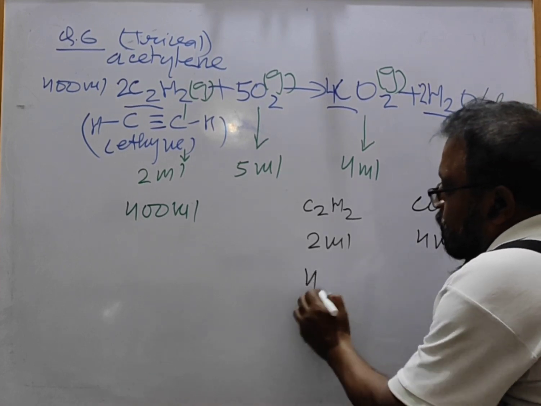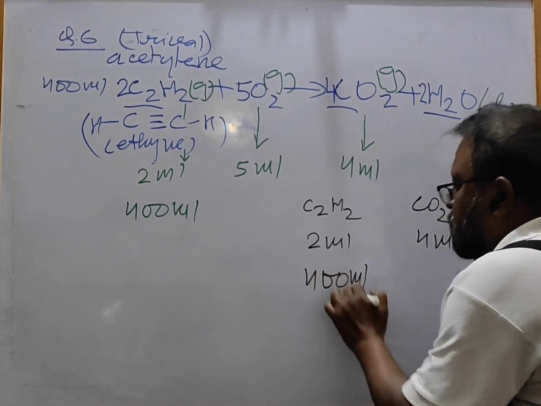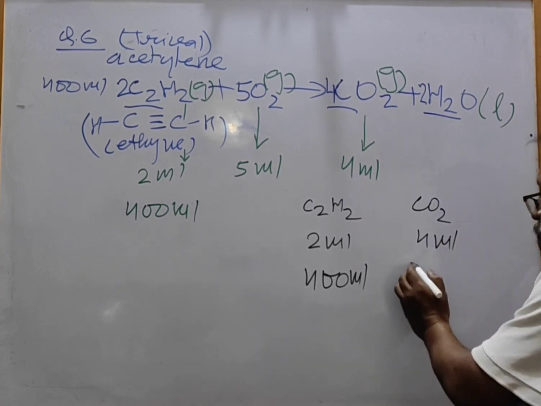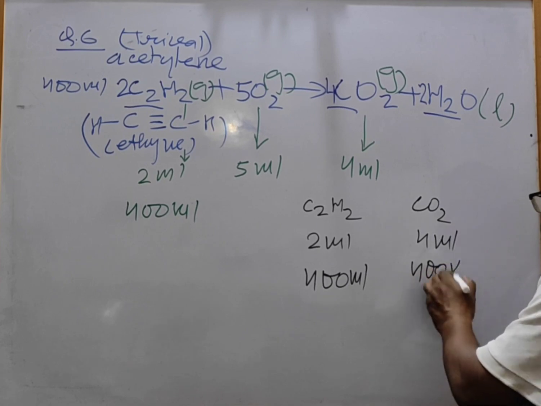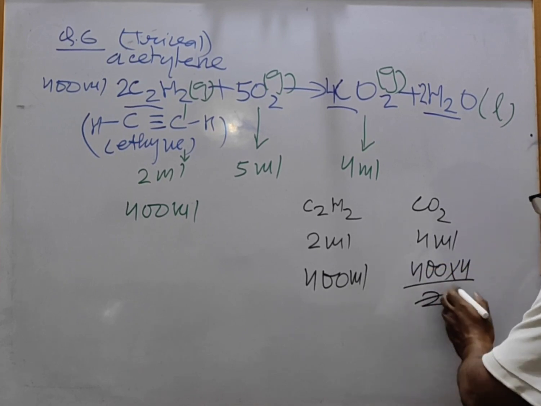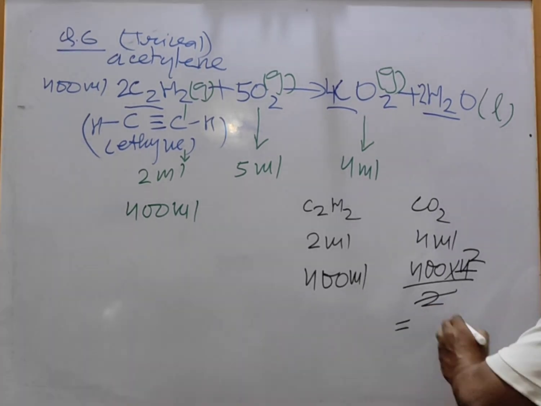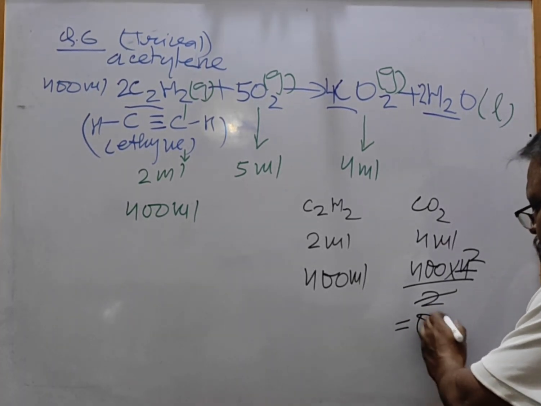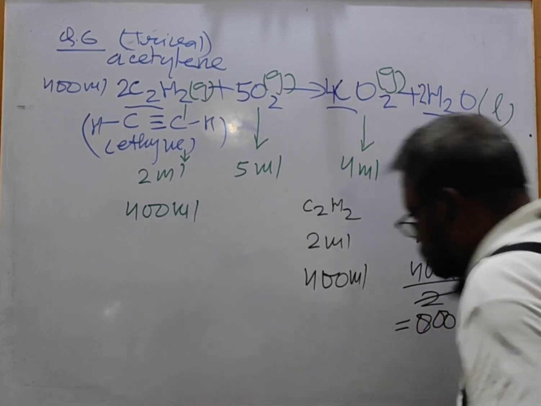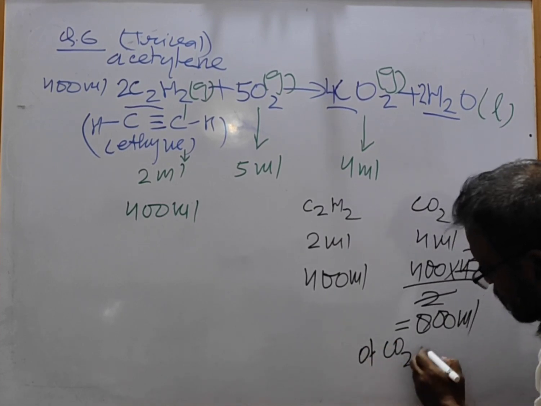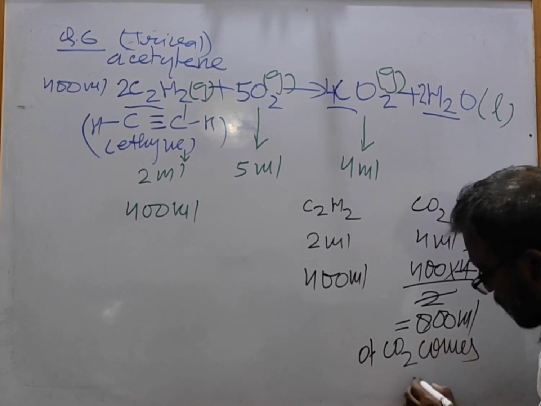So 400 ml of ethyne will give carbon dioxide, that will be 400 into 4 upon 2, which becomes 800 ml of carbon dioxide. Is it correct?